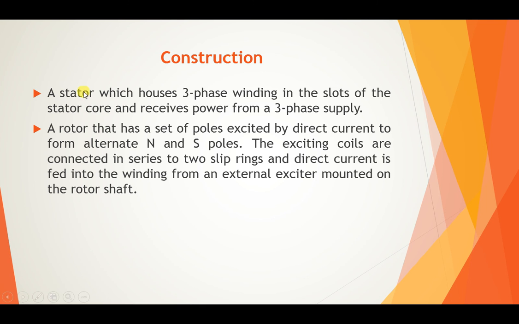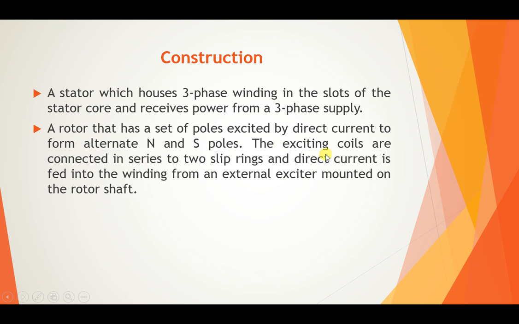As in many machines we studied, there are two main parts: a stator and a rotor. In a synchronous motor, the stator houses a three-phase winding in the slots of the stator core and receives power from a three-phase supply, and the rotor has a set of poles excited by DC to form alternate N and S poles.